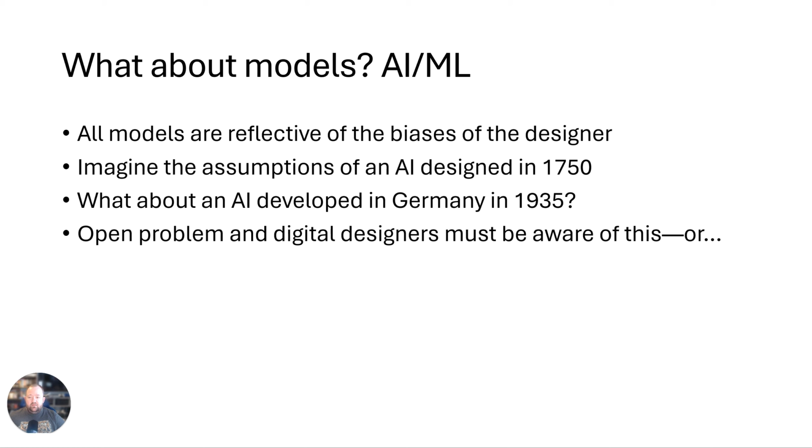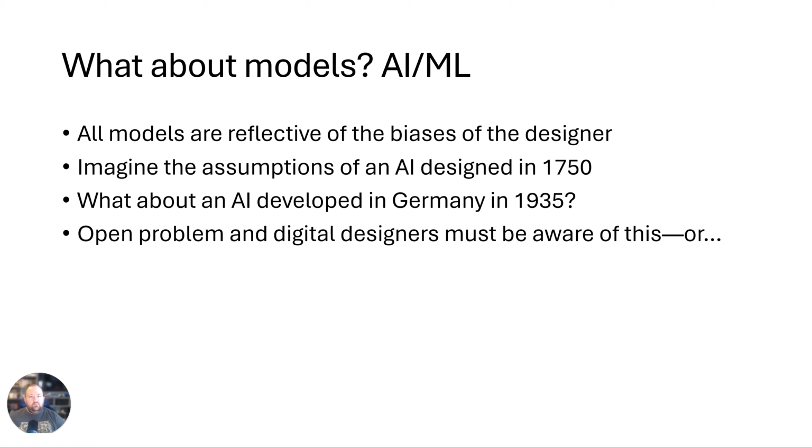If we consider that, imagine the assumptions of an AI or machine learning model that was designed in 1750. Let's say we had the technology back then, but all the sentiments of the time. What would that mean? Or let's go even more extreme. What about an AI model developed in Germany in 1935? What would those look like?